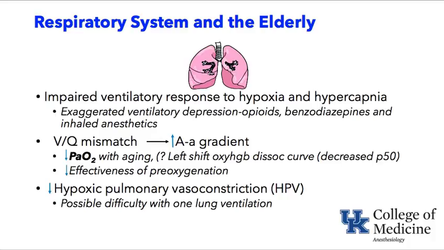Some books point out a left shift in the oxyhemoglobin dissociation curve, and this was an ITE key word, so I just wanted to point it out that there may be a left shift in the oxyhemoglobin dissociation curve with a decreased P50 as we age.